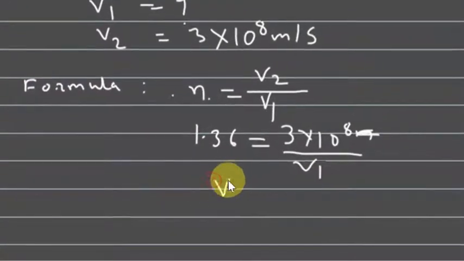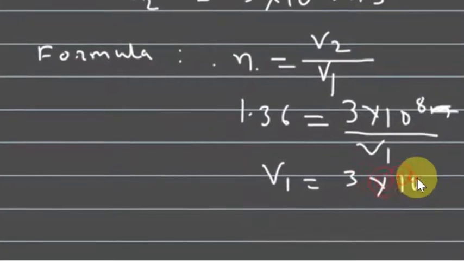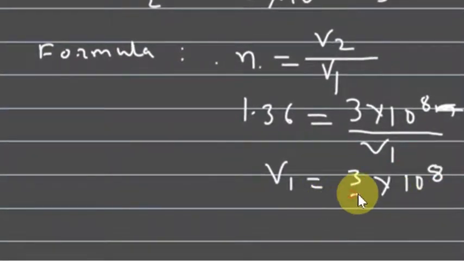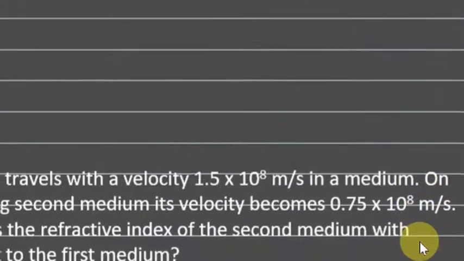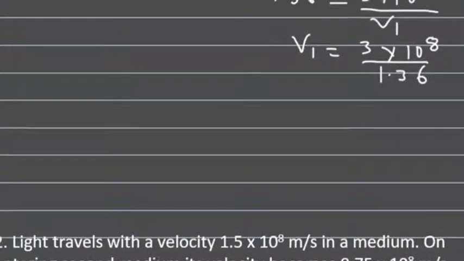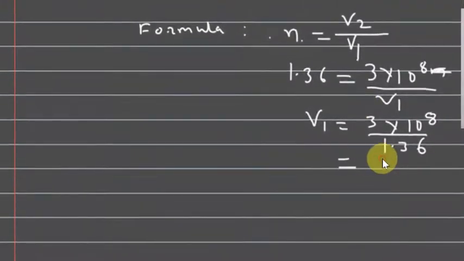Now cross multiply. V1 is equal to 3 into 10 raised to power 8 upon 1.36. Now we need to divide the numerator by the denominator. So remove the point from the denominator.